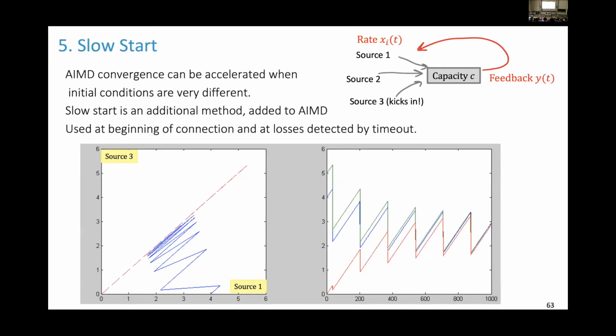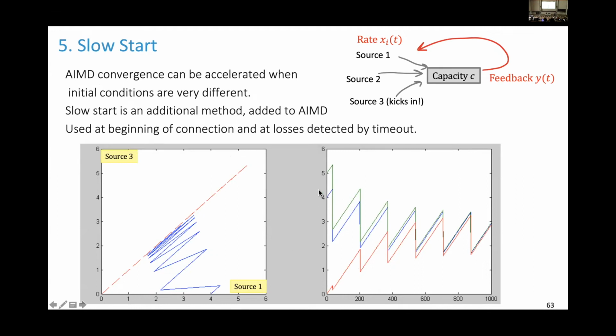Well, the congestion collapse happened. They implemented AIMD. That was a congestion control, but that caused another problem. What was the problem? In the example that we observed, at the time that source 3 kicks in, we want to share the bandwidth now with 3 sources. And this is what happens. Source 1 and source 2 have the same value.